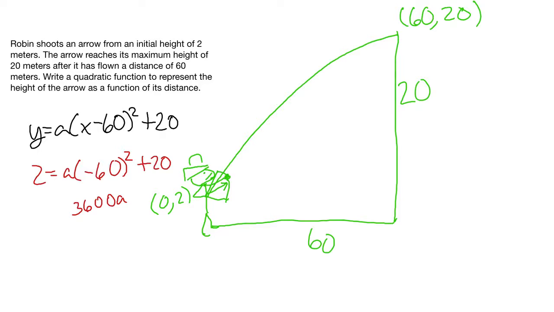So 3,600a plus 20 equals 2, which means 3,600a equals negative 18.